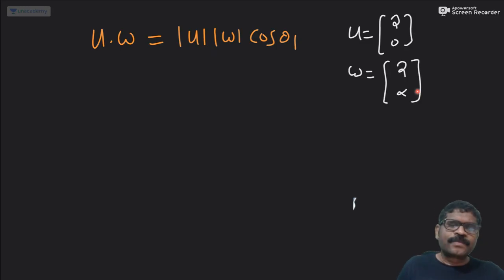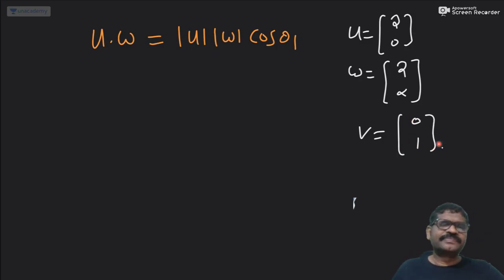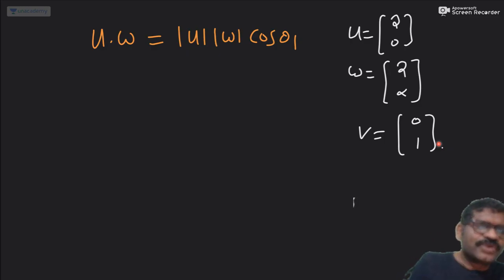Okay. Now, what is V? 0, 1. What is U bar dot W and V bar dot W? I am calculating. U bar dot W means dot product between U and W.